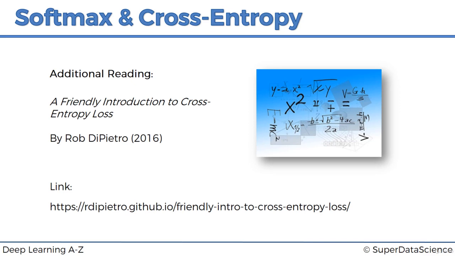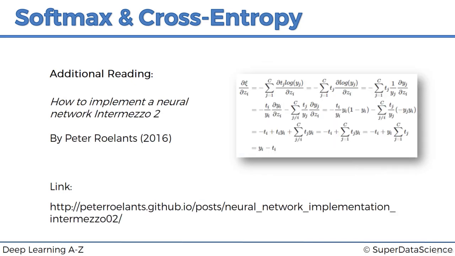If you want to dig into the heavy math, like what you see here, then check out a blog called How to Implement a Neural Network Intermezzo 2. Intermezzo is like an intermission, like when you go to a theater and you have a break between the first part and the second part.